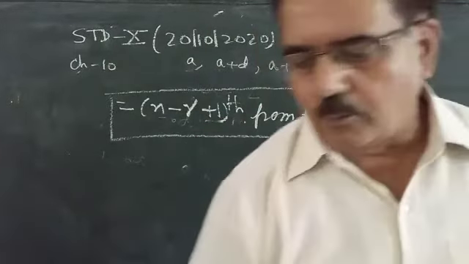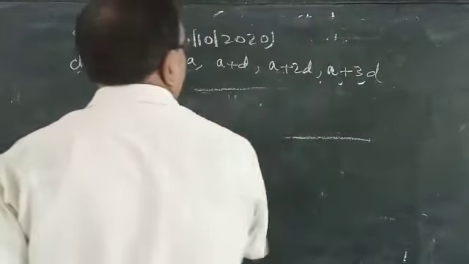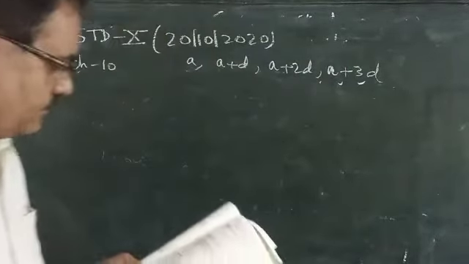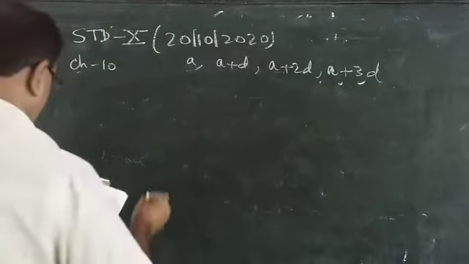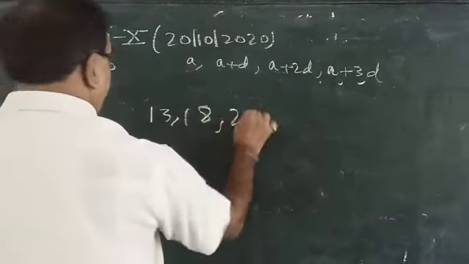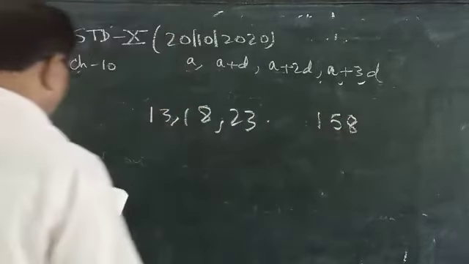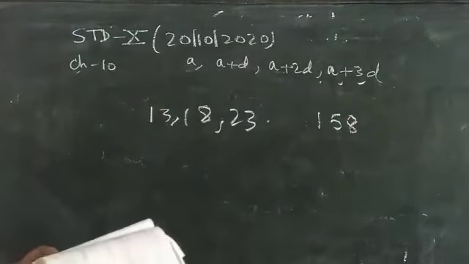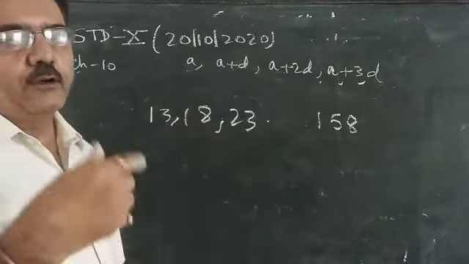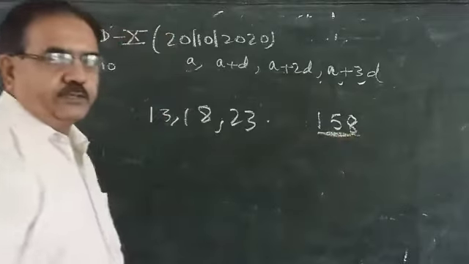So one question here. 13, 18, 23 up to 158. So first of all, find out how many terms. The last value is given, 158.